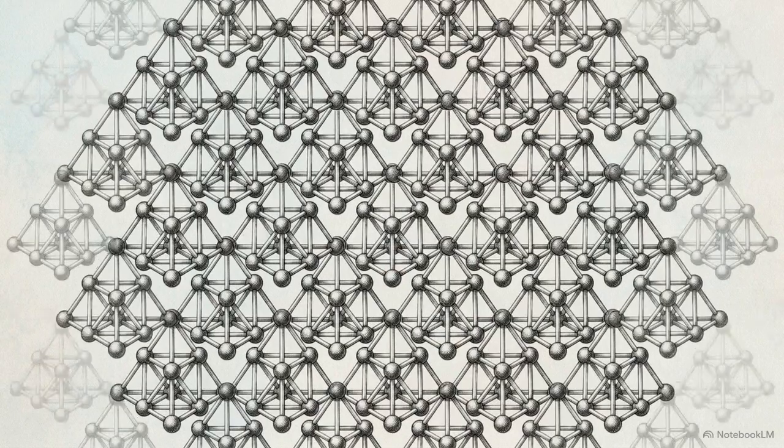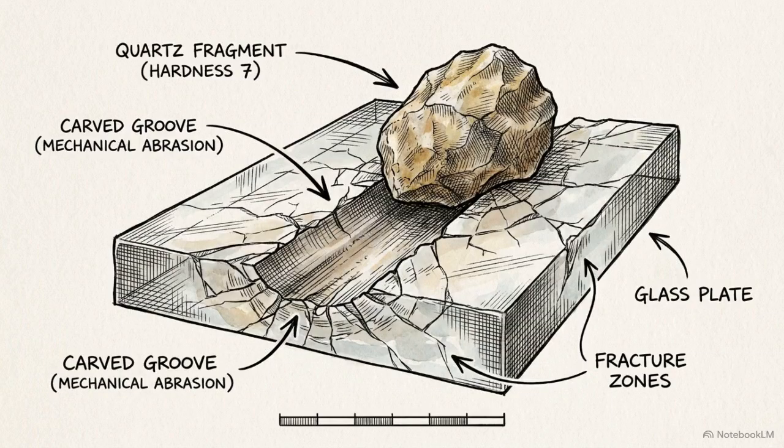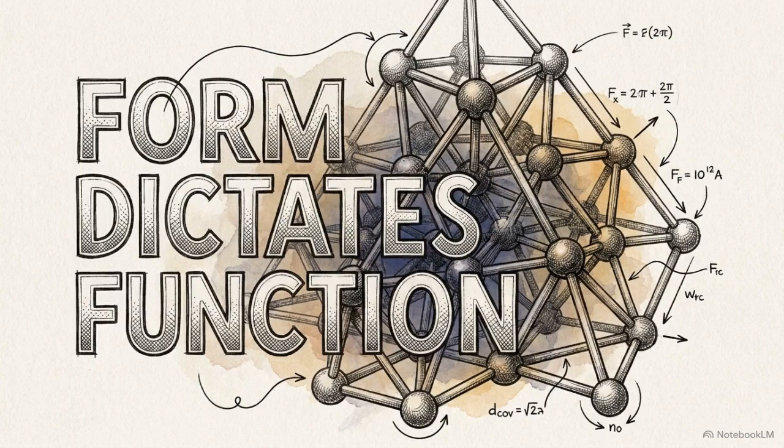It creates a continuous, interlocking tetrahedral network. By mirroring the dense, repeating geometry of diamond, silicon dioxide exhibits the exact same physical traits: a massive melting point and extreme hardness. Structural geometry supersedes elemental composition. If a compound is arranged in a continuous 3D covalent lattice, it will possess immense rigid strength.